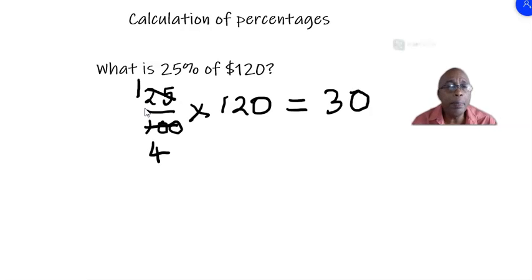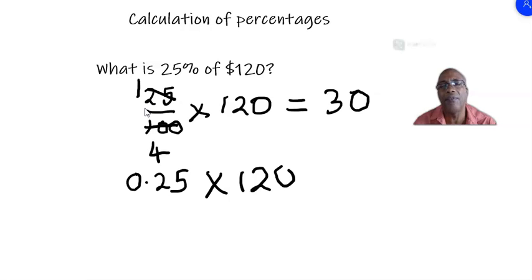But then we can do it much faster by simply converting the percentage to a decimal by bringing the point back 2 places. So 25 over 100 is 0.25. And so we use our calculators to multiply 0.25 by 120. And we are going to get 30 again.